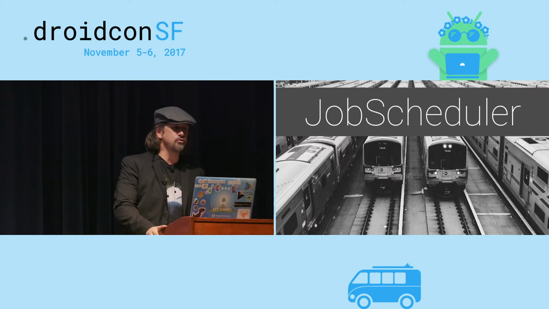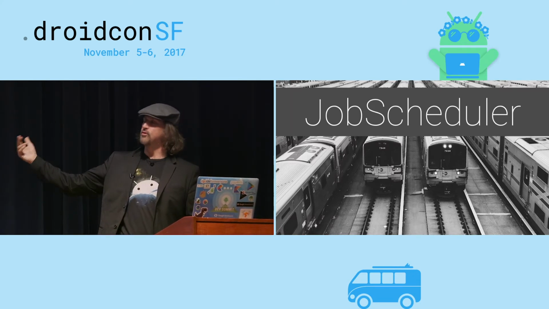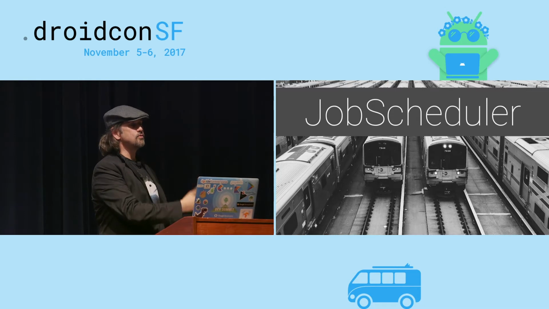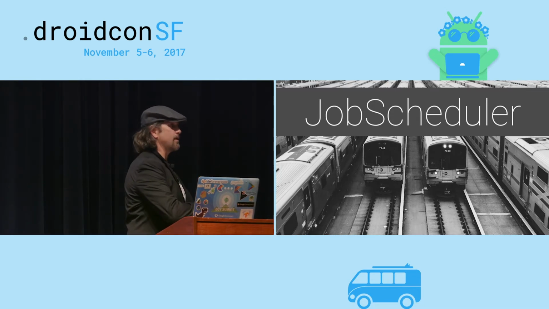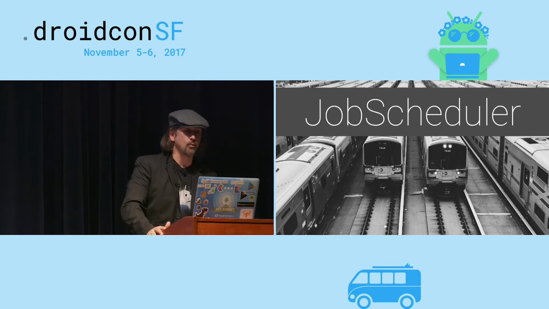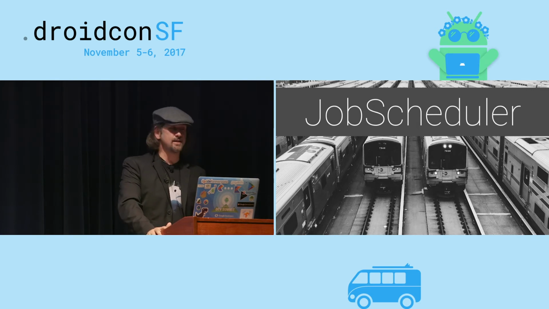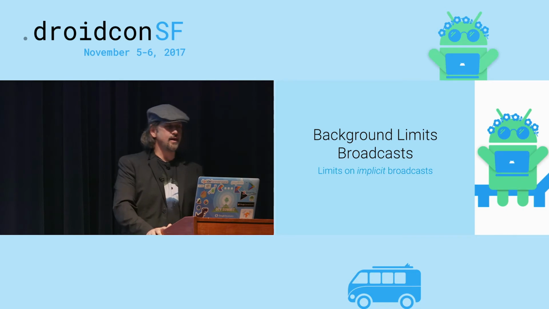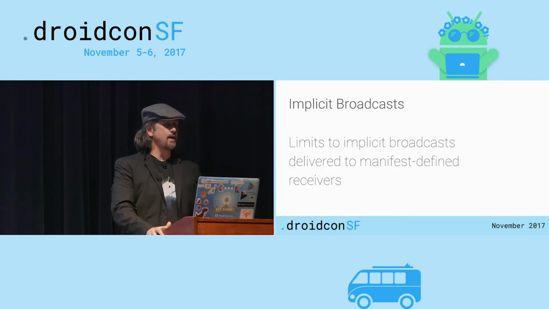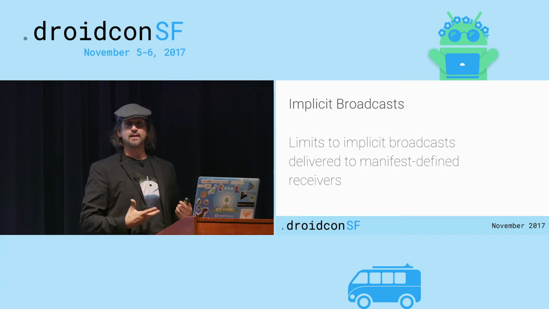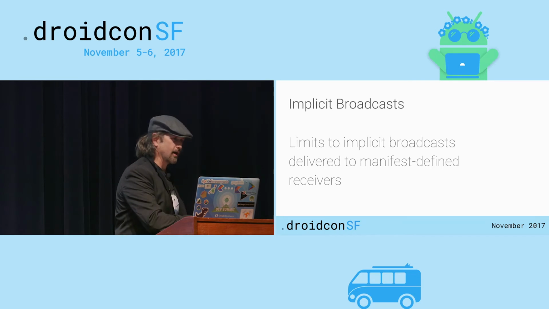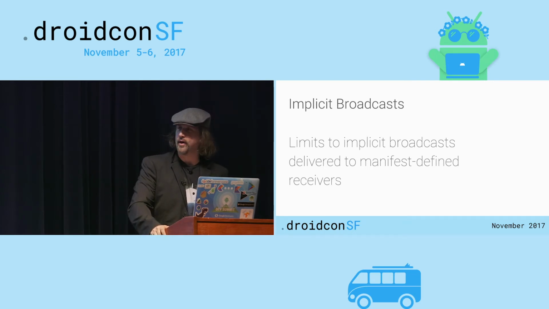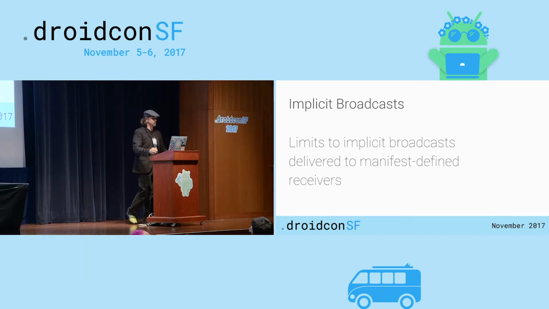And that brings us, of course, to JobScheduler. The intent is that most applications are going to move to JobScheduler or Firebase Job Dispatcher or some other library that wraps them for executing background work, which allows the platform to schedule things in an efficient way. Android N had a few broadcasts that are no longer allowed to wake up apps, but Android O basically says most implicit broadcasts are not going to be delivered to manifest-declared receivers.